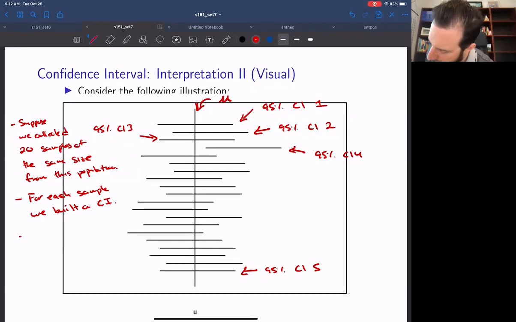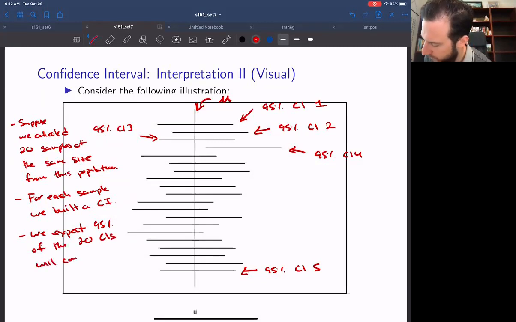So we expect 95% of the 20 confidence intervals will contain mu, right? And that's what this illustration is showing us.